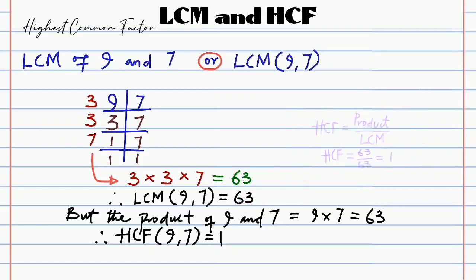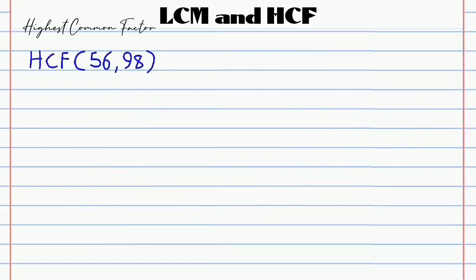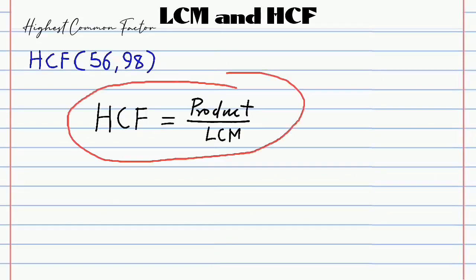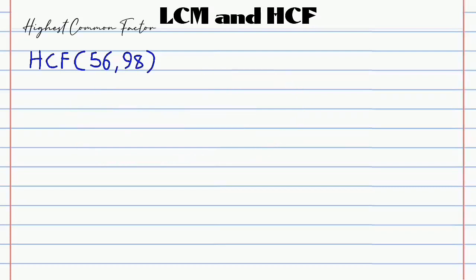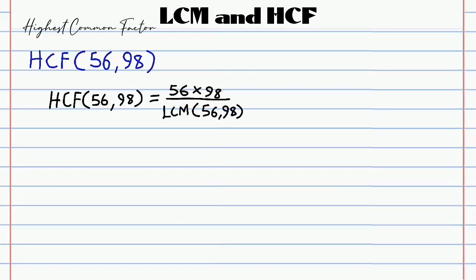This is the formula. Let's find the HCF of 56 and 98. Using the same formula, we're going to solve for the HCF of 56 and 98. HCF of 56 and 98 is equal to 56 times 98, all divided by the LCM of 56 and 98.